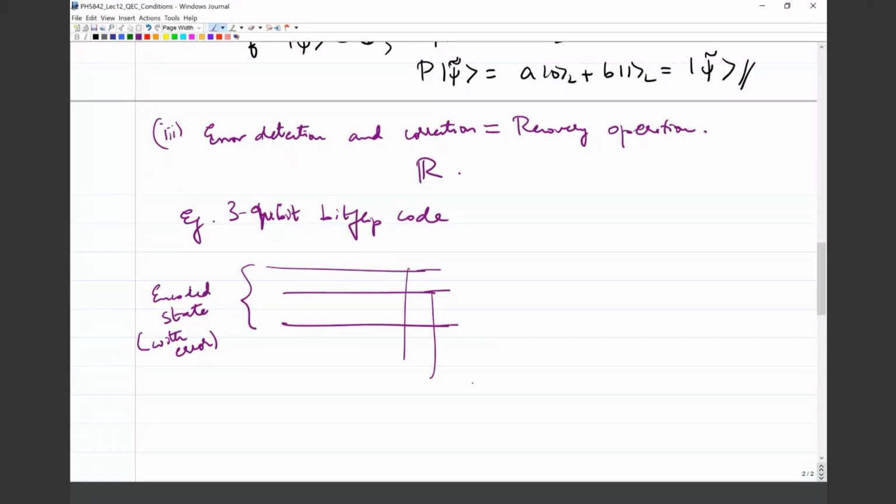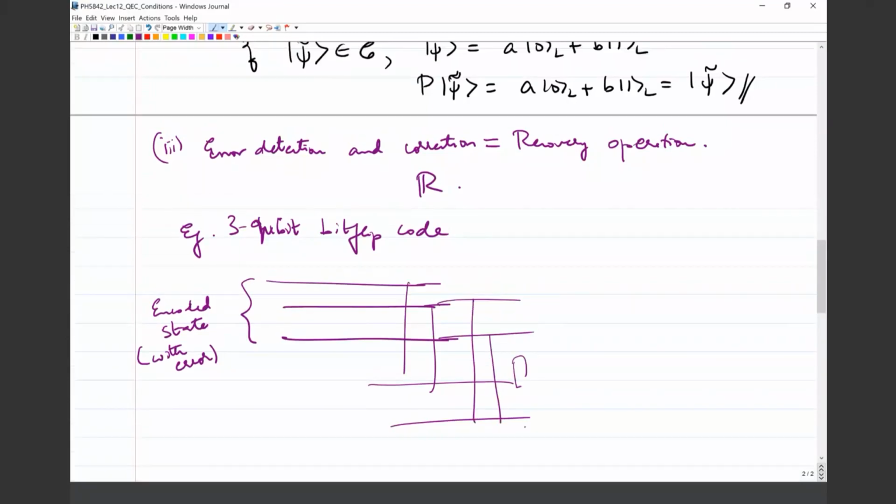Have 2 ancilla qubits, and we are going to take this information out and do measurements of the ancilla. And then conditioned on that measurement outcome, we were going to do unitary operations on the encoded qubits, right? We're going to do the X operation, one of the 3 single qubit X gates, right? That was the procedure.